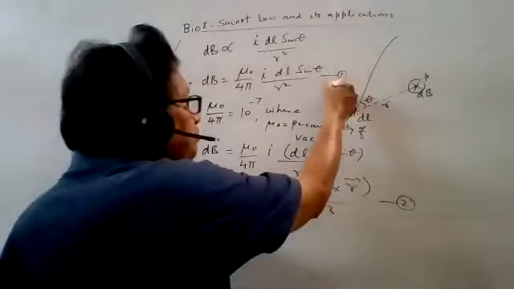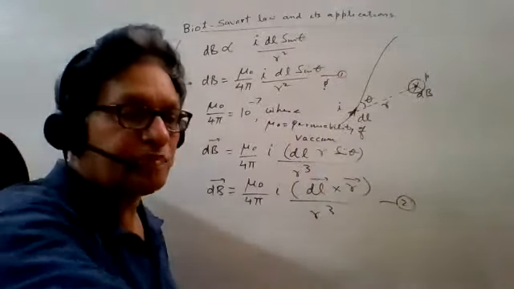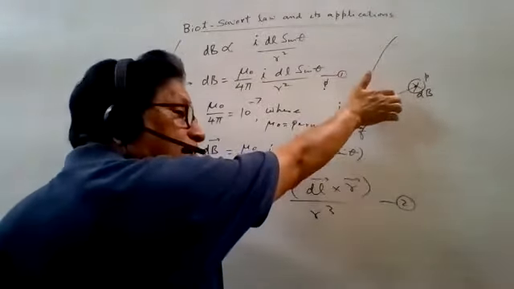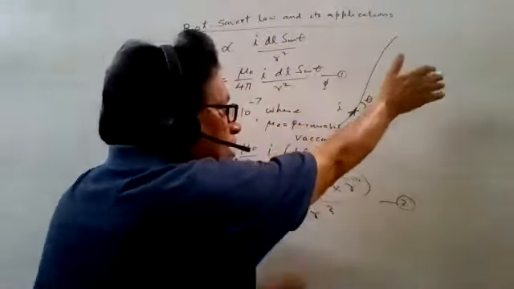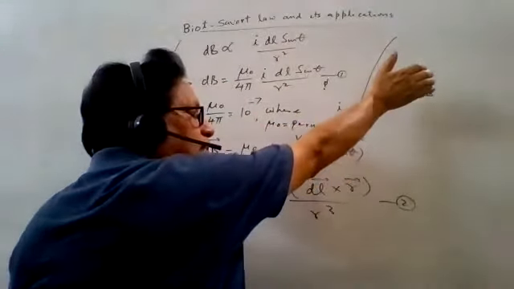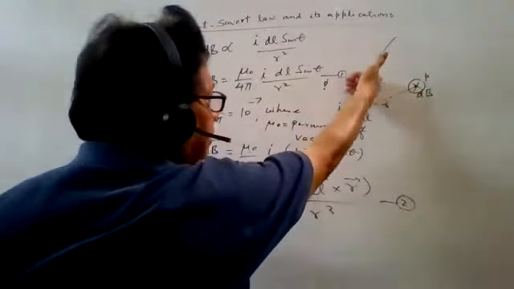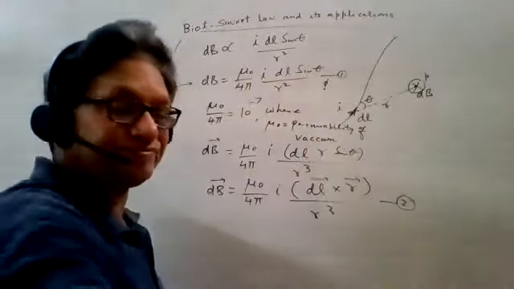Suppose the point here is P dash. Again, you apply the right hand rule. At point P, the direction of magnetic field is going into the board, inward, and at point P dash, it is coming outward.